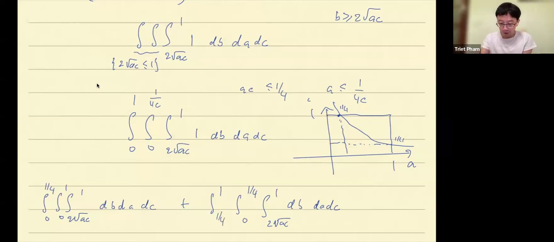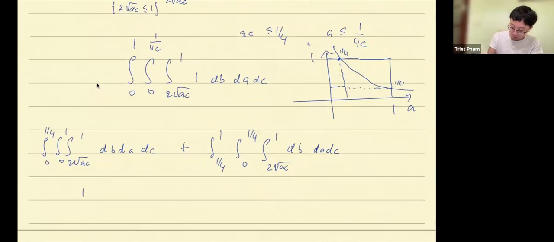Because even here, if you're careless and you say 0 to 1, then what you have effectively done is double count this square right here. So it's not 0 to 1 here, it's a quarter to 1. And that's this part. Now finally this part.